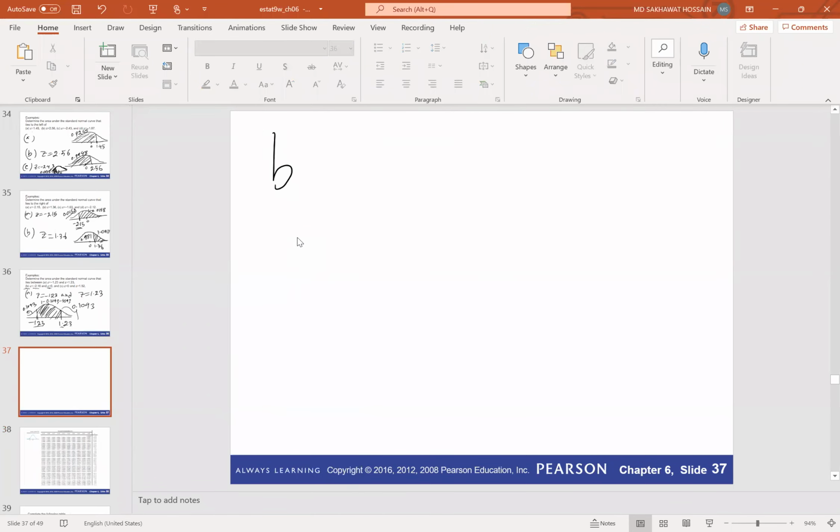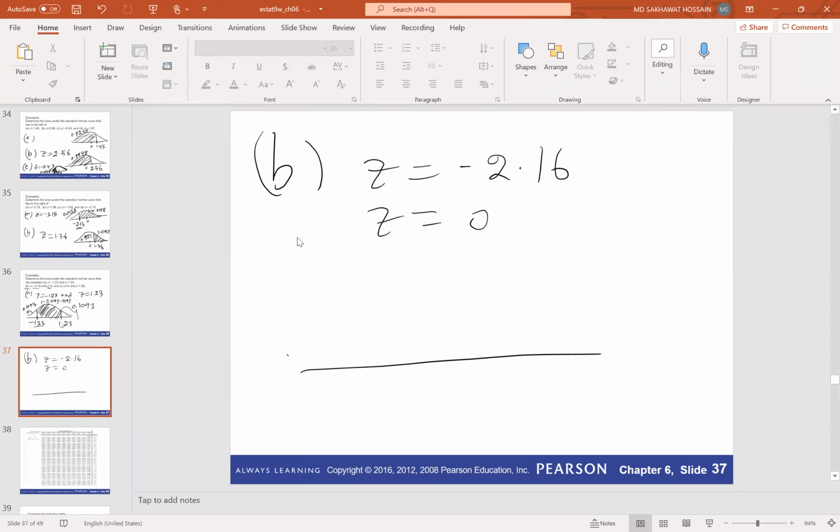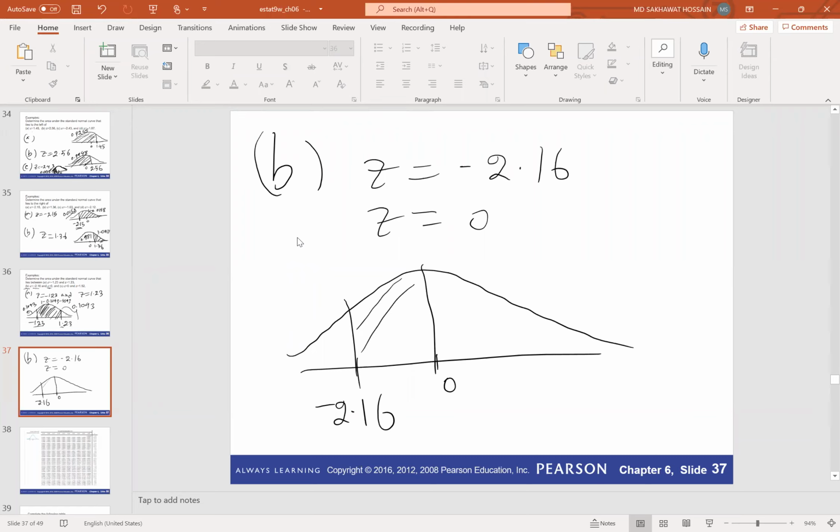Okay, part B: we have to find the area between z equals negative 2.16 and z equals 0. So this is 0 and this is negative 2.16. We have to find the area between these two numbers.